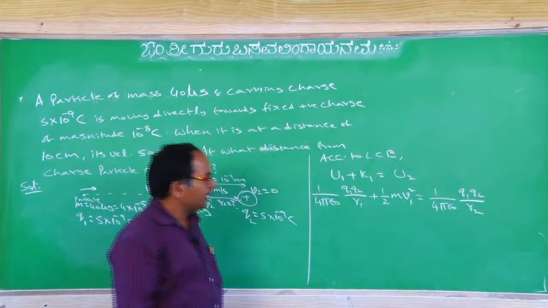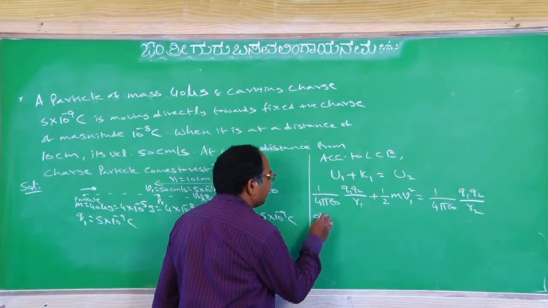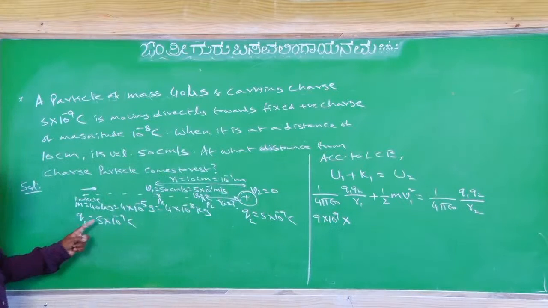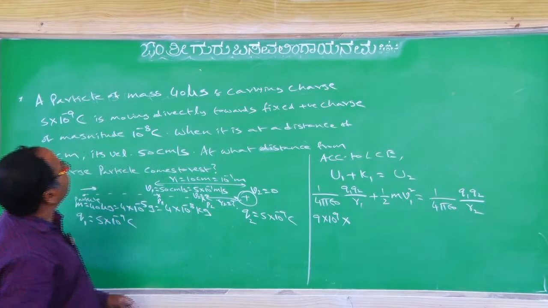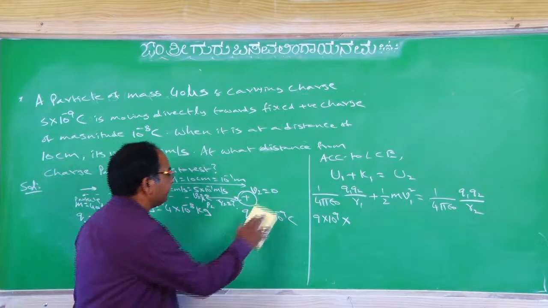So, are you able to find it out or not? What is 1 by 4 pi epsilon naught? 9 into 10 power 9 into Q1 Q2. Q1 is 5 into 10 power minus 9, and Q2 is 10 to the power of minus 8.